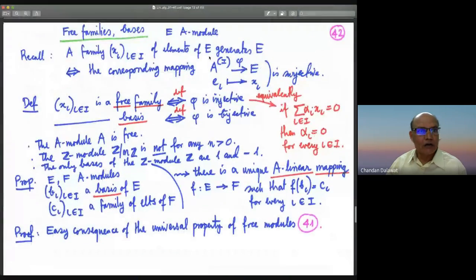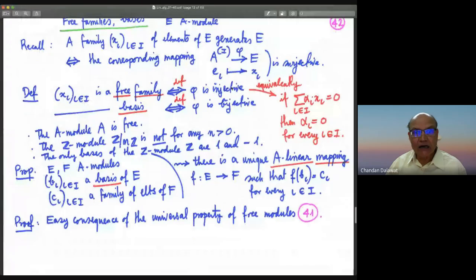An A module is called free if it has a basis, if there is some family of elements of that module which form a basis in this sense. I've just defined what it means for a family of elements in a module to be a basis, or a free family, or a generating family. A basis is both a free family and a generating family.